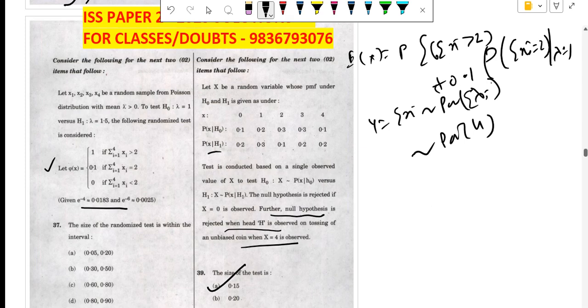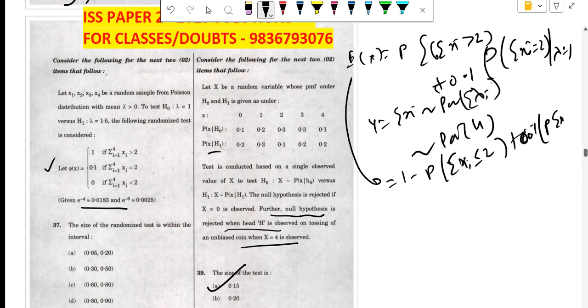So this part equals 1 minus probability of summation of Xi less than or equal to 2, plus 0.1 times probability of Y equal to 2. So 1 minus probability of Y less than or equal to 1, minus 0.9 probability of Y equal to 2.